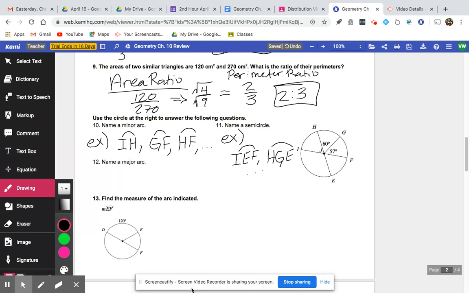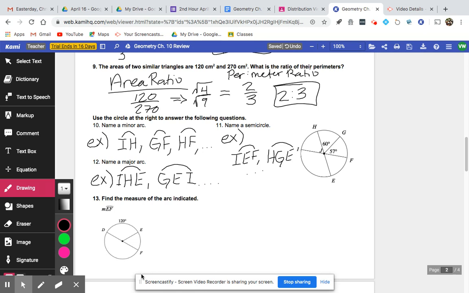Here I want to name a major arc for number 12. Again, more than one. I could say IHE, or I could say GEI. And I'm going to stop there. There are more than one answers, though.